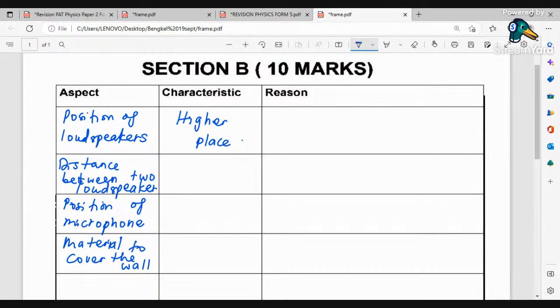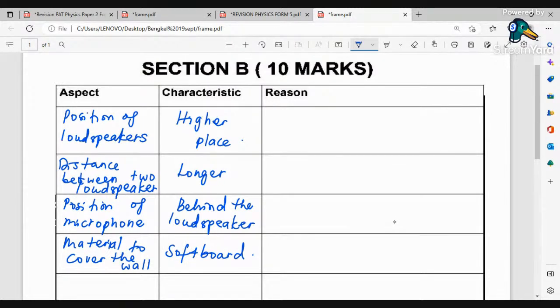Position of loudspeaker, higher place. Distance between two loudspeakers must be longer or greater. Position of microphone behind the loudspeaker. Material to cover the wall, softboard.